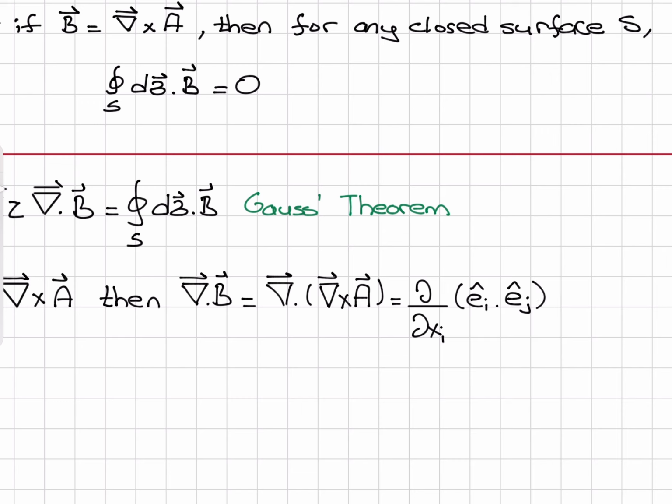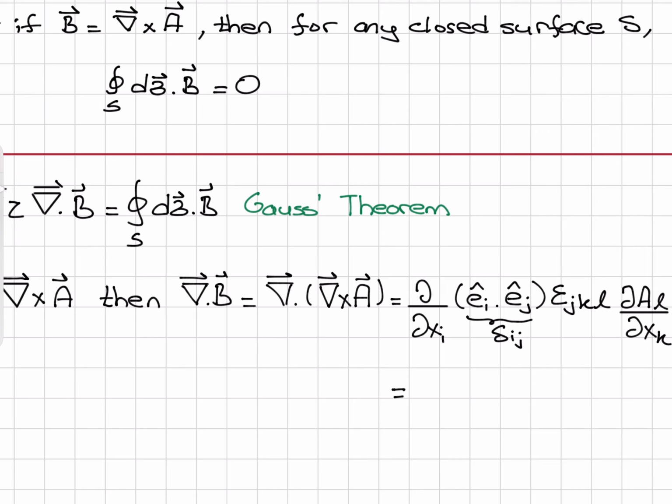So we will have epsilon jkl ej hat del xk applied to Al, so del Al del xk, using the subscript summation notation. And this part is Kronecker delta ij, which means i will be set equal to j.